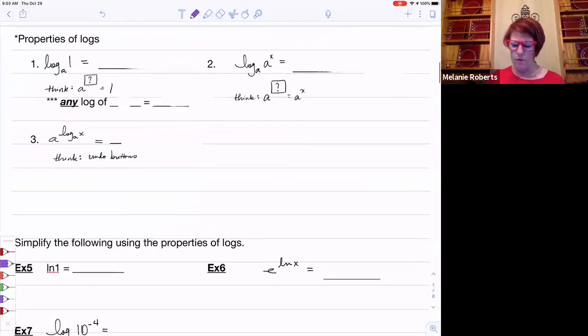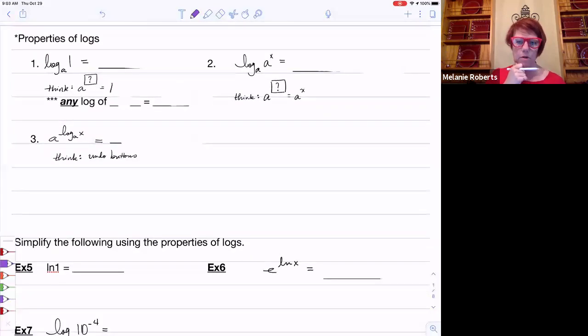And then I believe this was your embedded question. So embedded questions should already be turned in by now. But if you did this on the embedded question, log base A of 1 is equal to what? And you can think of that, I said this in the video, as A to what power is equal to 1. And we know then that A to the 0 power is equal to 1.